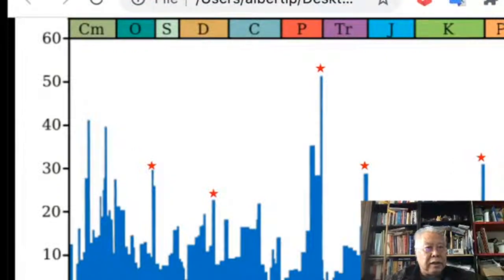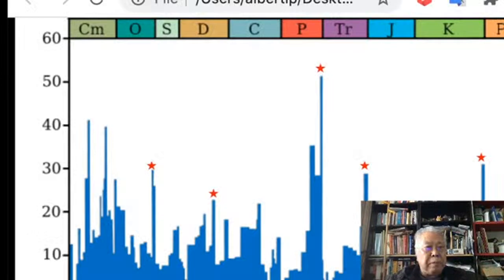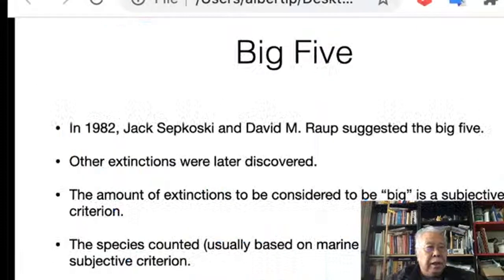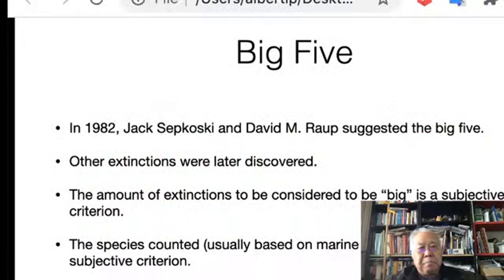So again, this is a very subjective measure whether we call it big or small. But anyway, these two gentlemen decided that these are the big five, so we use that. We are not academic, so we are not interested in the argument about which is big, which is small, and what is the criteria and so forth. But we understand that this is a subjective criteria.